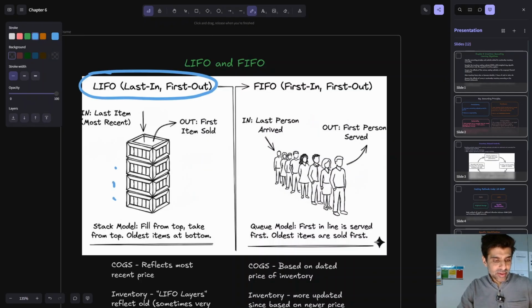Okay, and how do you cost the inventory? You just take whatever is on the top, right? And whatever comes in is going to go on top, and whatever is being sold is going to come off the top. So you can think about it like a stack of boxes.